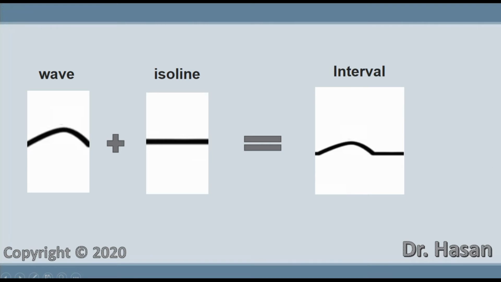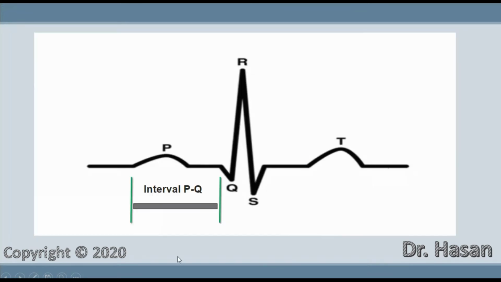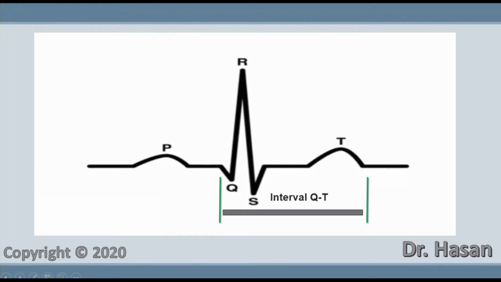Therefore, the PQ interval is the entire P wave and a piece of the isoline before the beginning of the Q wave. In other words, this is the distance from the beginning of the P wave to the beginning of the Q wave. The second most important interval is the QT interval, which is presented as the distance from the beginning of the Q wave to the end of the T wave.